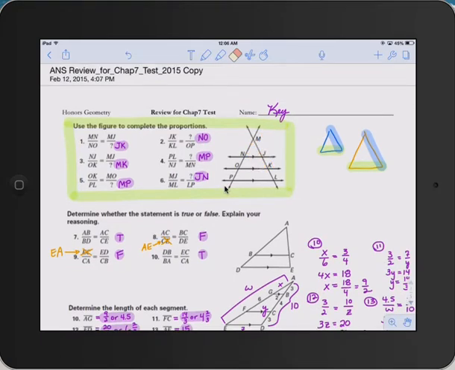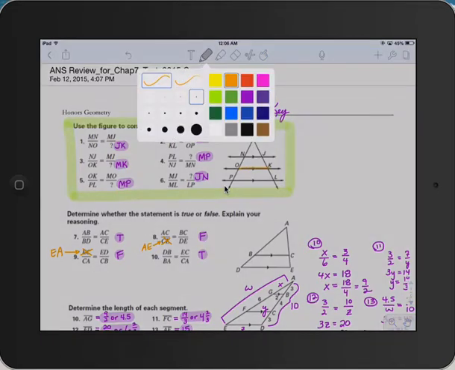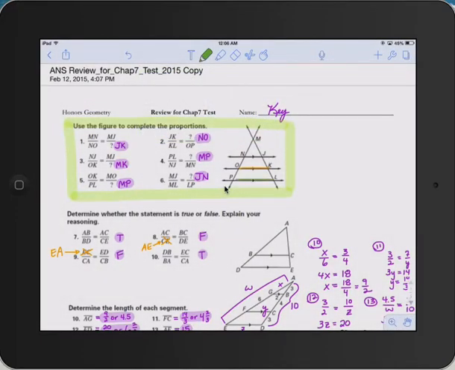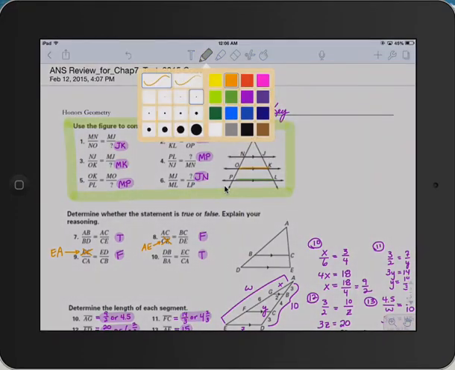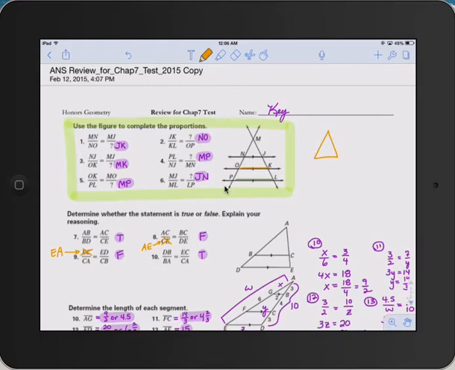Okay, so a couple more of those. For number 5, for example, OK is the bottom of a triangle, and so is PL. Well, which triangles are being compared? This time you're comparing the medium triangle to the big triangle.